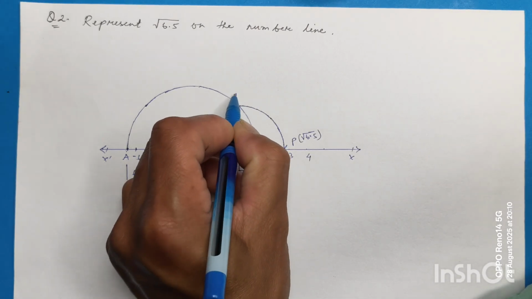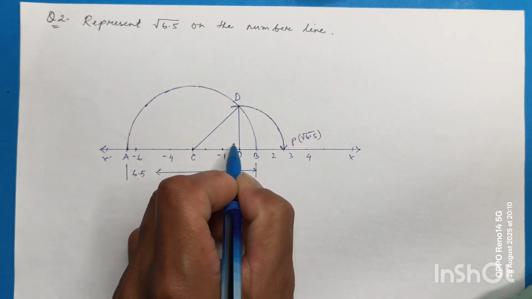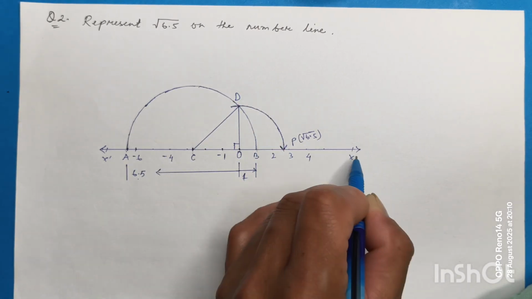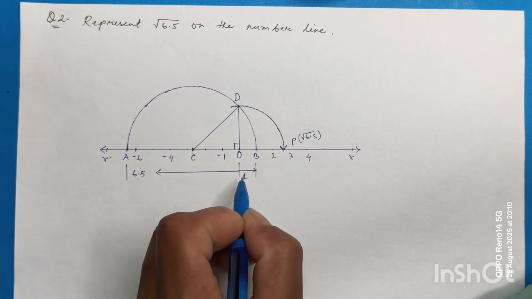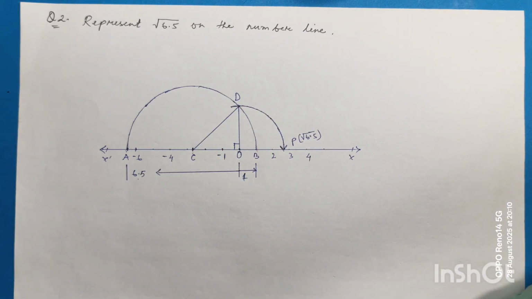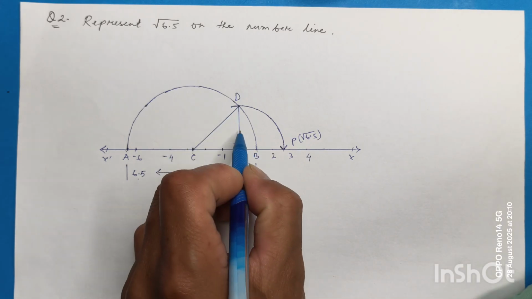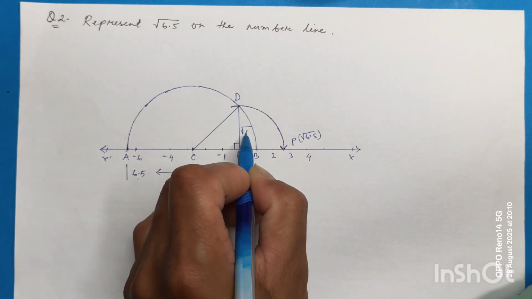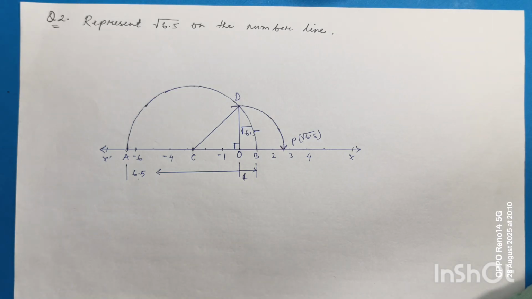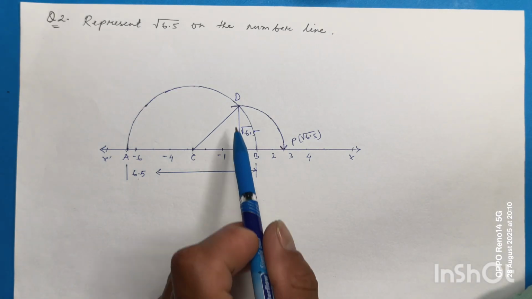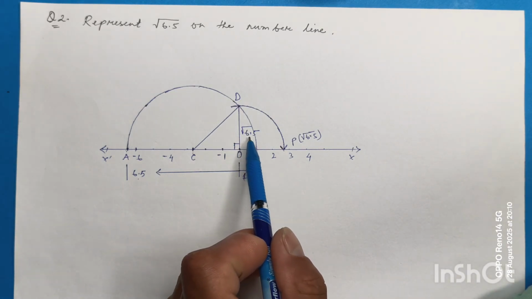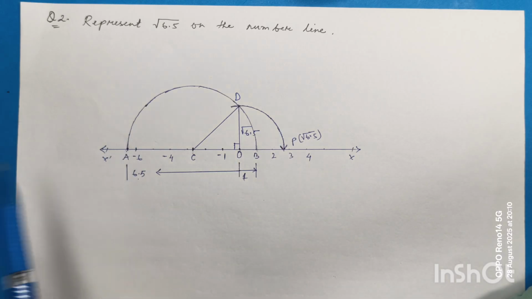OD is drawn parallel to x or x dash, perpendicular actually, and then this OD, when we calculate, the value of OD will become root over 6.5. So this OD length is equal to root 6.5. How it comes, I'll explain later.